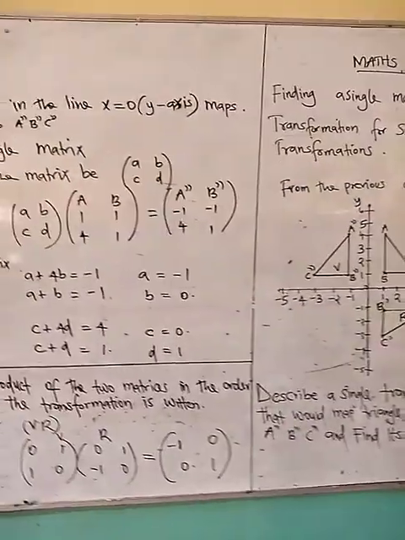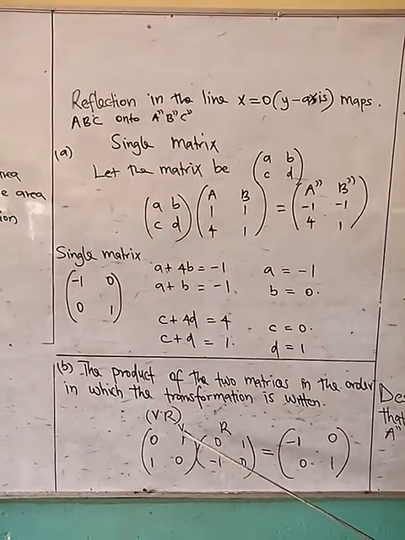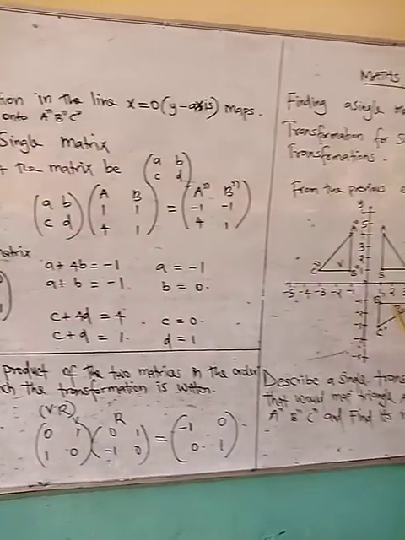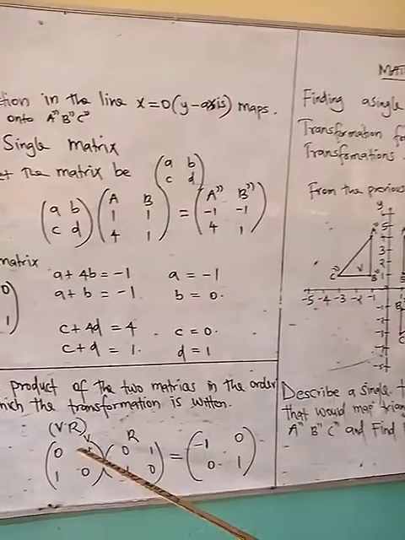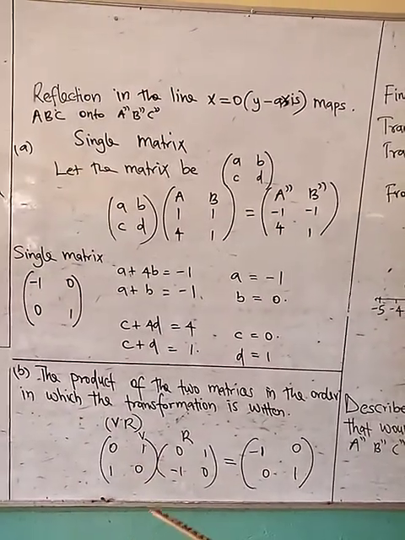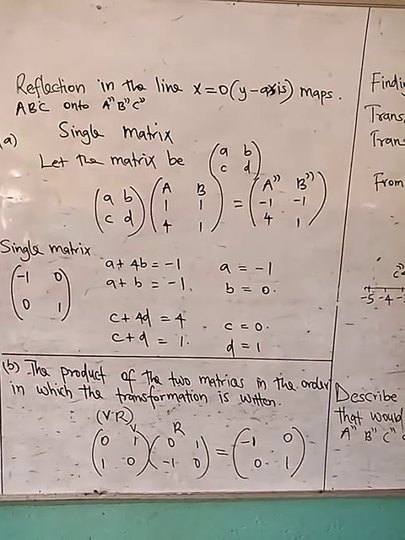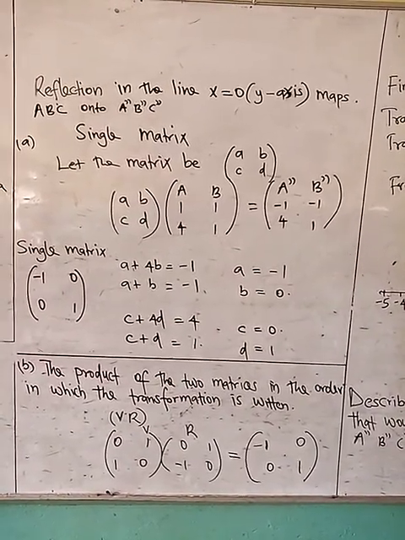Then we come and say that our first transformation was R, the negative quarter turn about the origin, and our last transformation was V, a reflection in the line y = x.